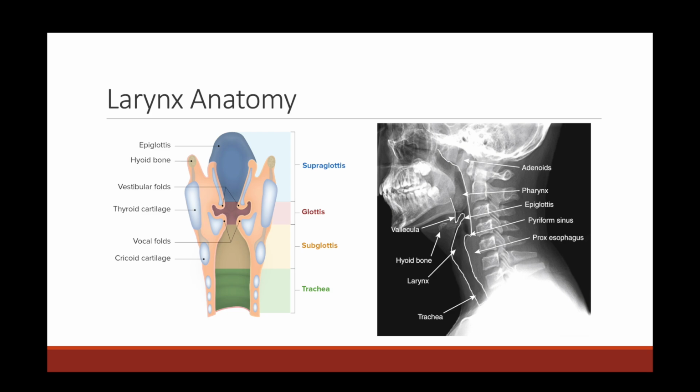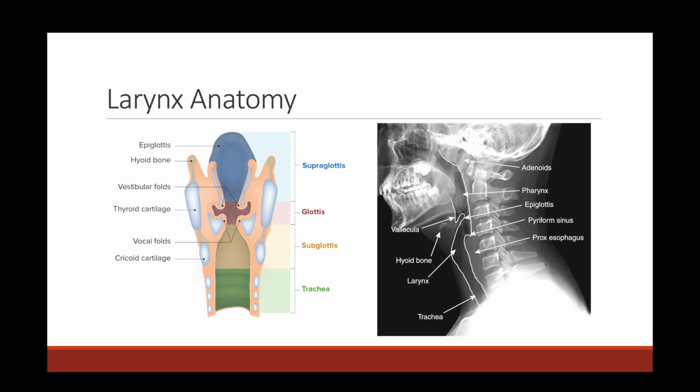So the most important structure in the supraglottis is probably the epiglottis, and the epiglottis performs a very vital function, which is that whenever we are swallowing, it folds over and it covers our airway, and it prevents food from getting into our airway. So the epiglottis is very, very important to kind of protect the integrity of our airway and protect us from aspiration.